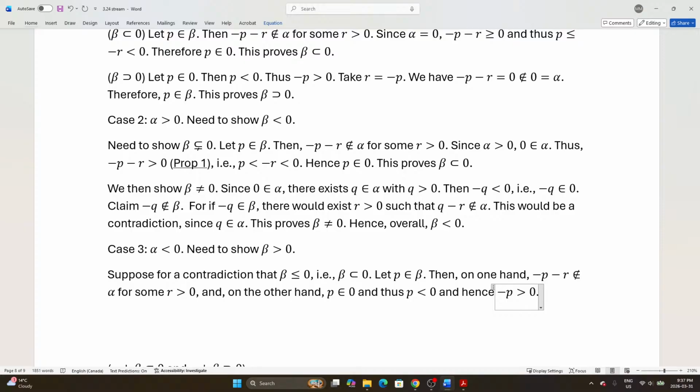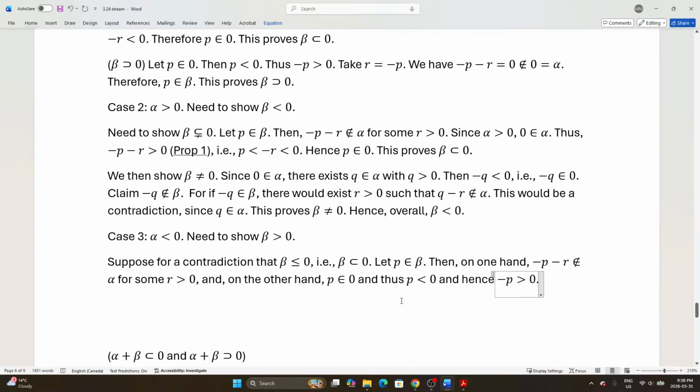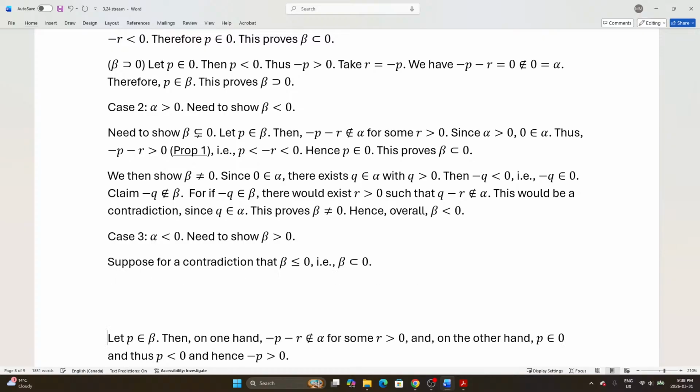How would that be a contradiction? This doesn't seem to be working.